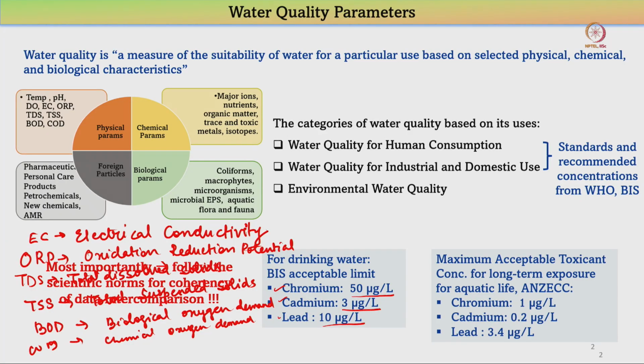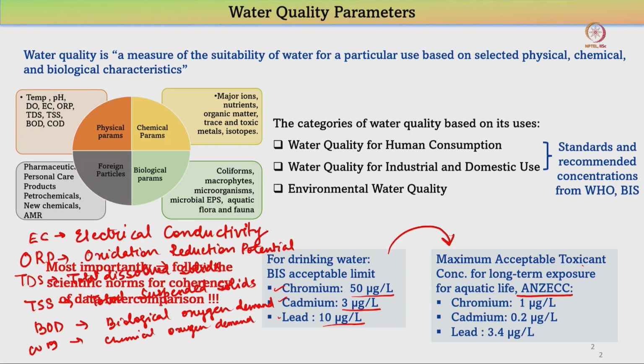But you compare now this with a different place. For example, these values are from this agency, Australia and New Zealand Environment and Conservation Council, and they have given the maximum acceptable toxicant concentration for long term exposure for aquatic life. That means they are very stringent about preserving their aquatic life.